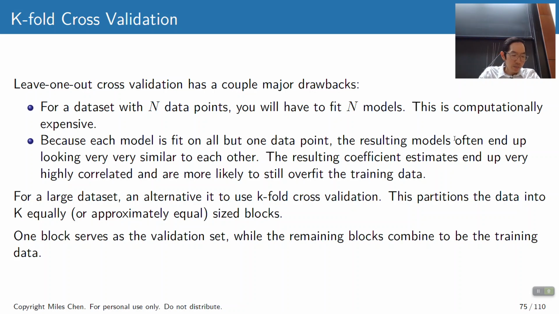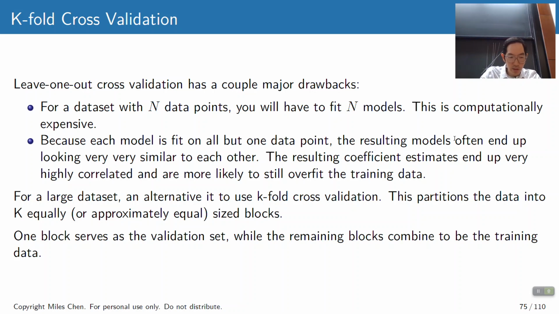Another downside is that all of the fitted models end up being very similar to each other, so your coefficient estimates also end up highly correlated. You could also overfit the data.